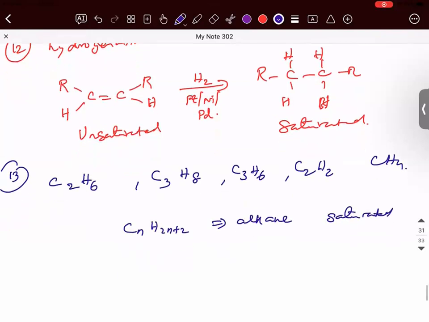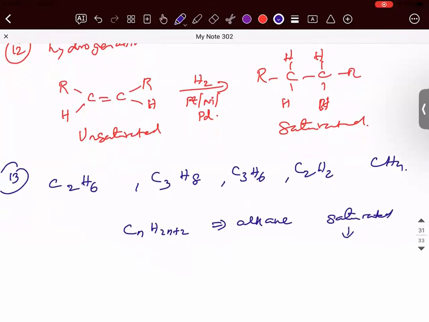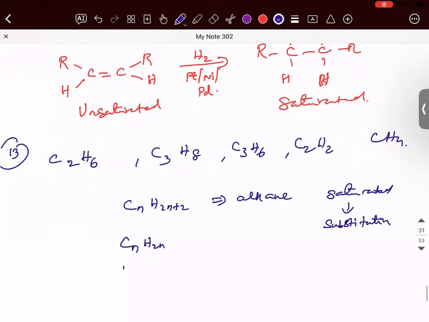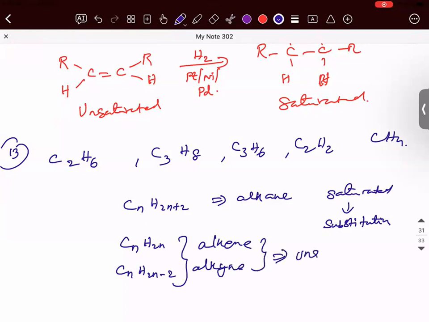All the bonds are single bonds. This will undergo only substitution. Okay. When the compound has CnH2n and CnH2n-2, it becomes alkene and alkyne. This is unsaturated. It undergoes addition reaction.